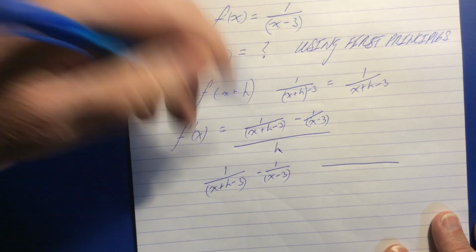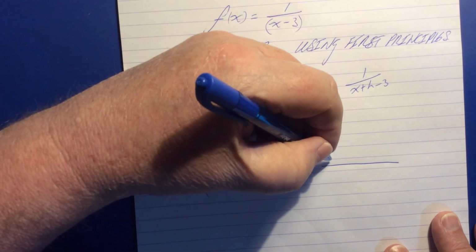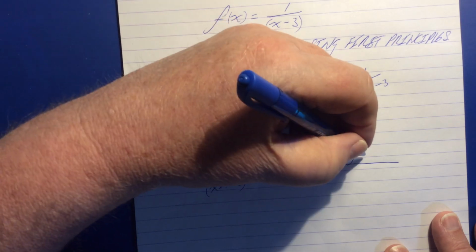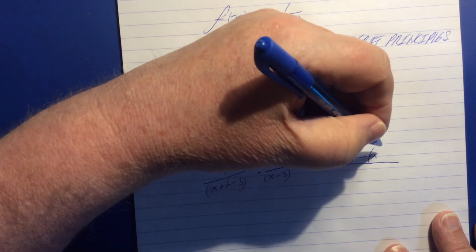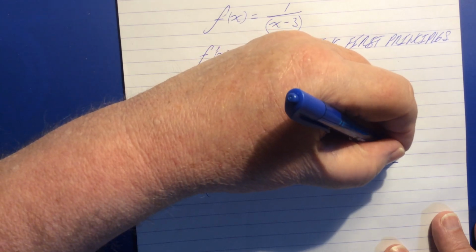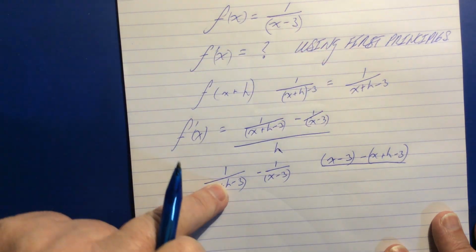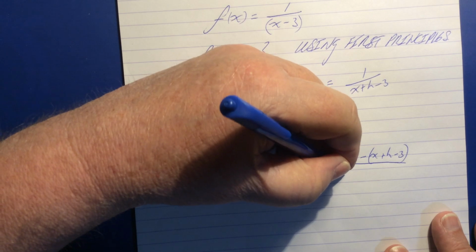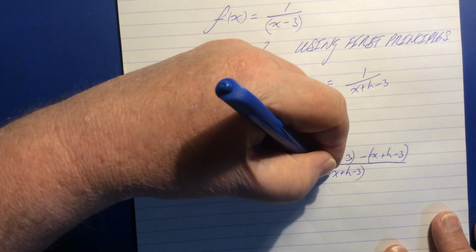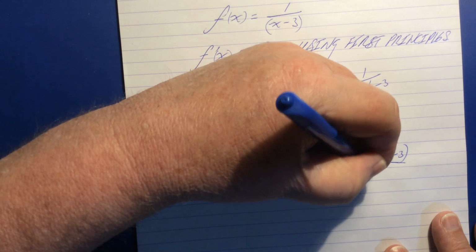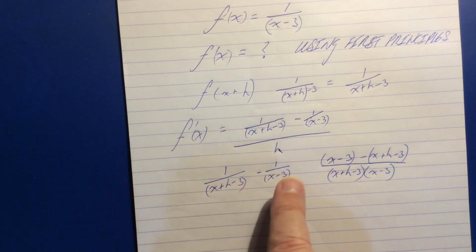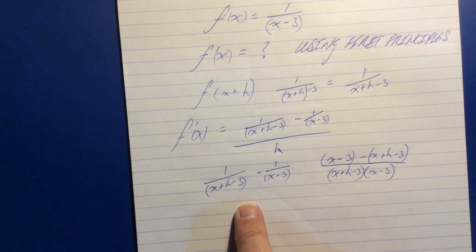And so what we get is x minus 3 minus x plus h minus 3, so that's that times that and that times that, all over x plus h minus 3 times x minus 3. So this is just the simple process of addition or subtraction of fractions using cross multiplication.